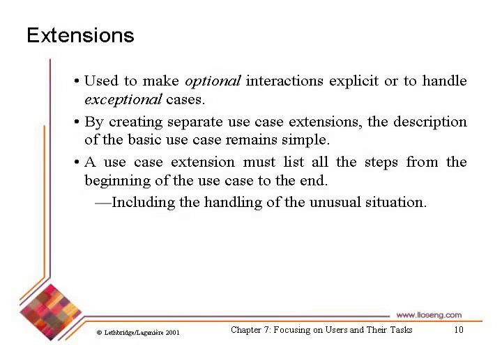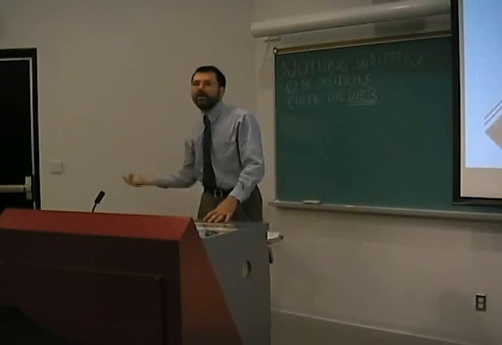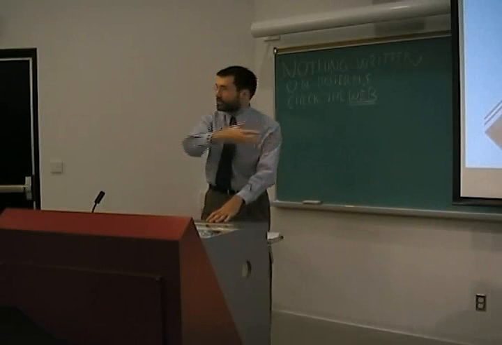And the idea is that by showing these extension use cases separately, you're not confusing the main path. The main path is shown as, here's the normal way when everything goes right. You know, the student logs in, brings up the display of what courses are available to them. They click on the course they want, they click register, the system says okay, and they're done. That's the normal path, everything working fine.